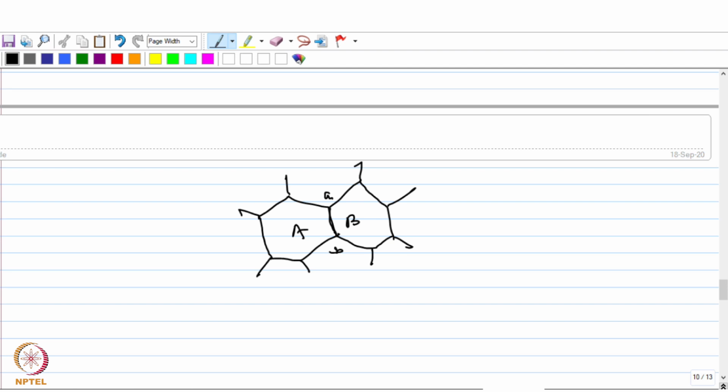And they can also approach in a manner where the misorientation across this boundary will be very low. So this is close to high angle misorientation.